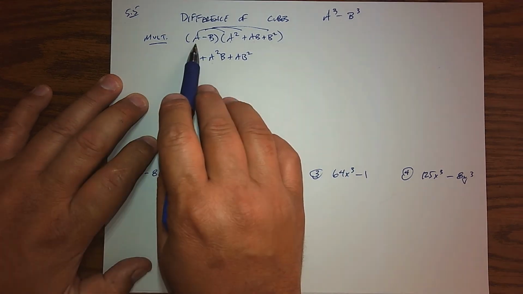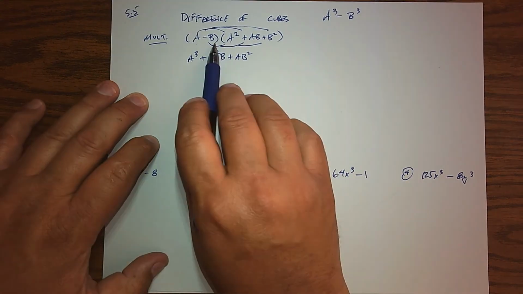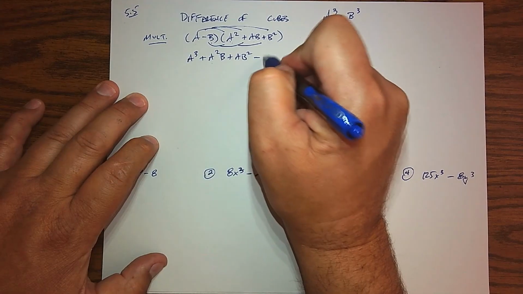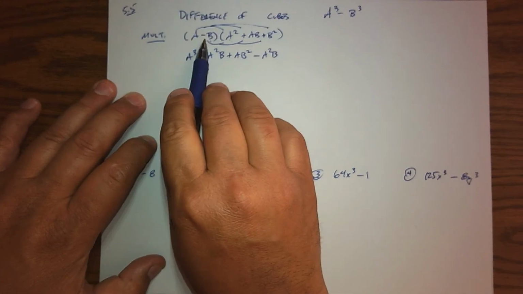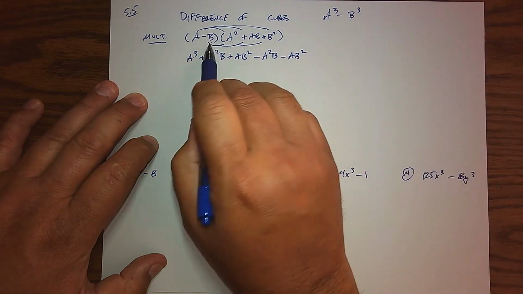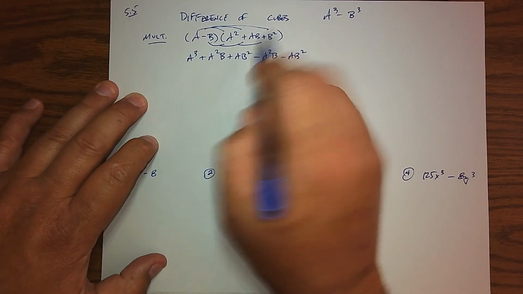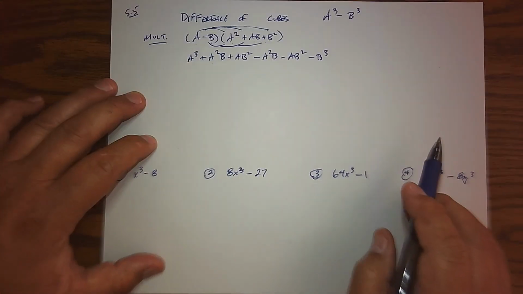That exhausts the a. Now we do the same thing with the negative b. Here I get a negative a squared b, using the commutative property to rewrite. Then I get a negative ab squared, and the very last, a negative b cubed. There's the multiplication.